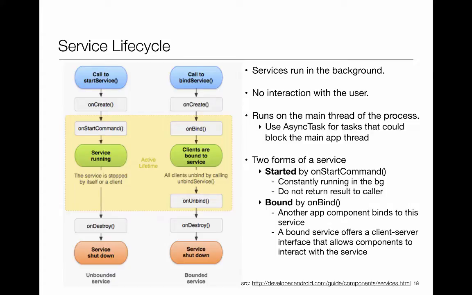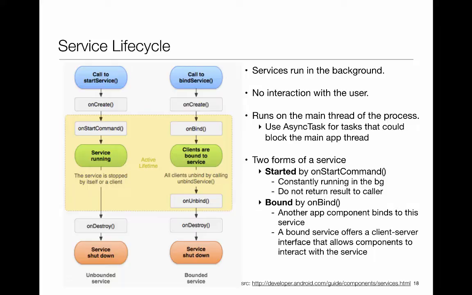There are two forms of service, two ways you can start running something in a service. The first way is more of an asynchronous fashion: you start it by calling the function onStartCommand, and then the service will start doing something, and it will not return the results to the caller. Basically, you tell the service to start doing something, and it finishes when it finishes. It will not tell you, and you might have to implement some other mechanism if you want to know the results.